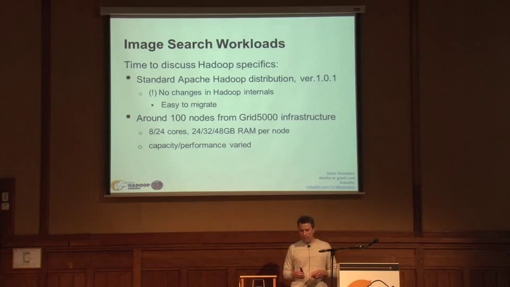Maybe the main issue here is that the capacity and performance of these nodes varied. As specified here, certain machines had 8 cores, and a third of the machines had 24 cores. I'm talking about this 100 node Hadoop cluster. Also in terms of RAM, there were significant variations.